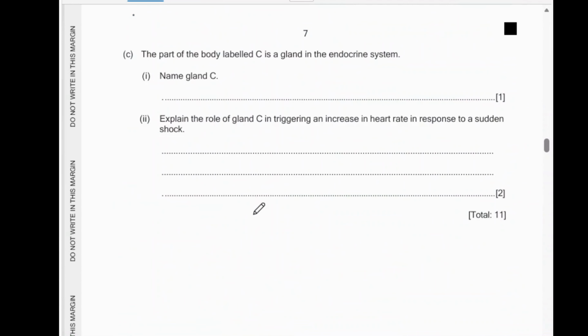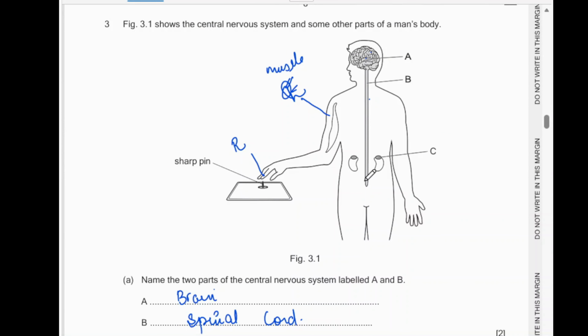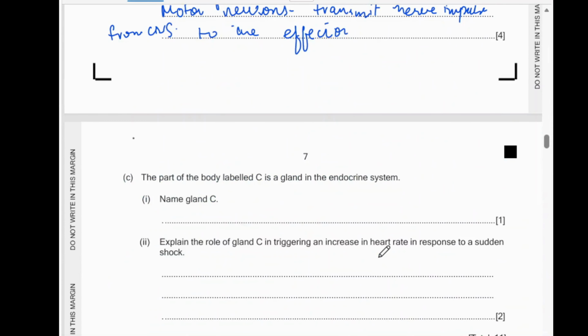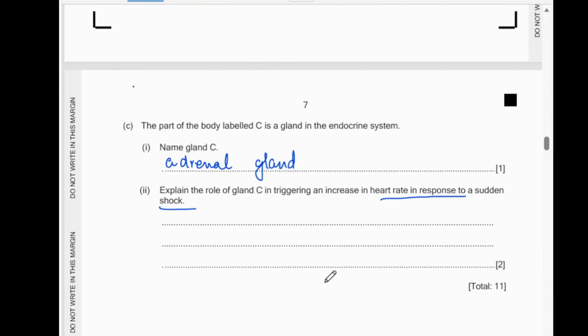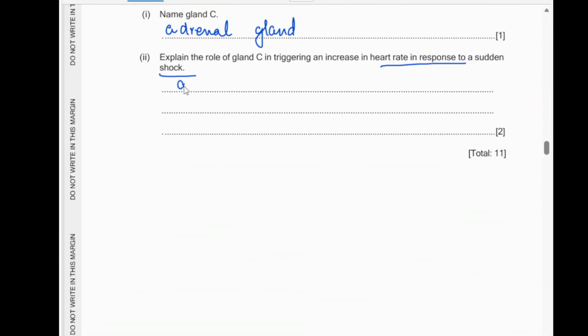Okay, the next question is what is gland C? Adrenal. Okay, so you have mentioned adrenal. Adrenal gland releases adrenaline. What is the function of that hormone? Why does it increase the heart rate? Yes, correct.